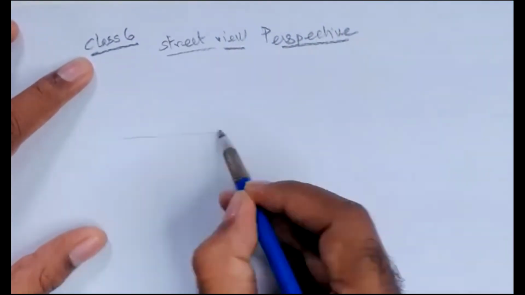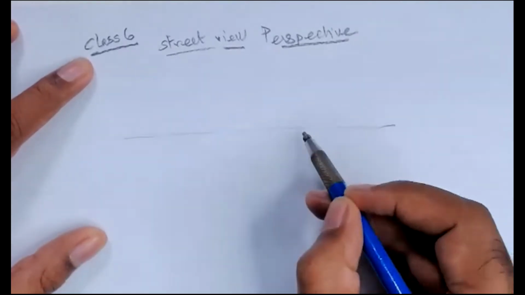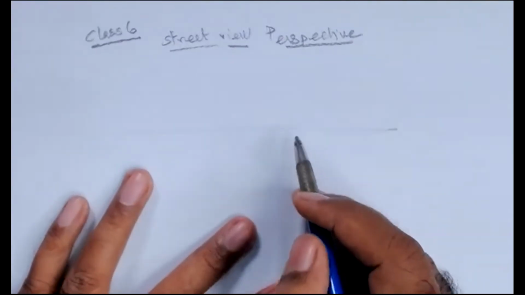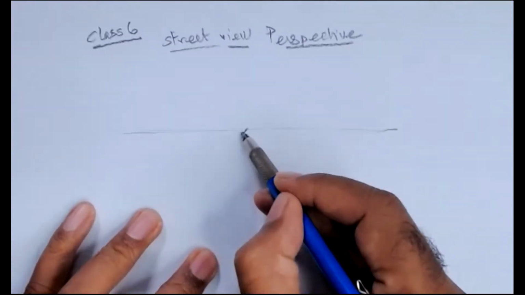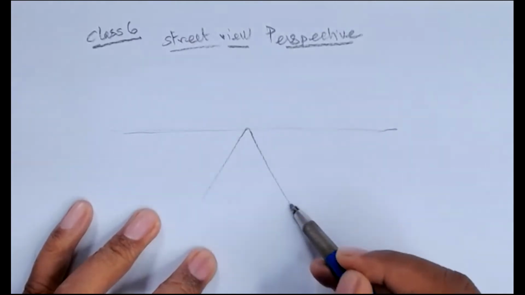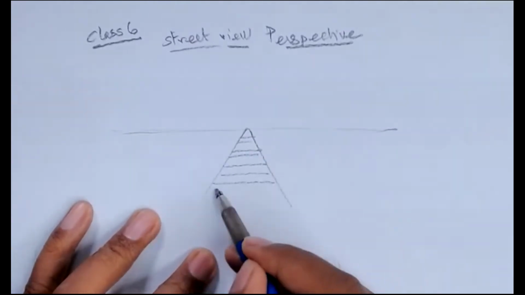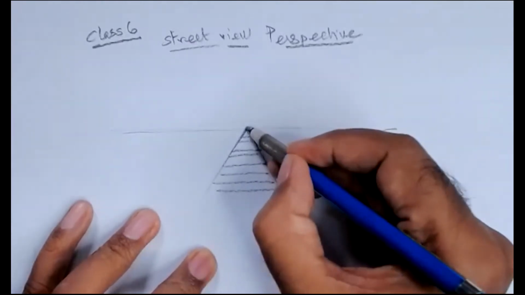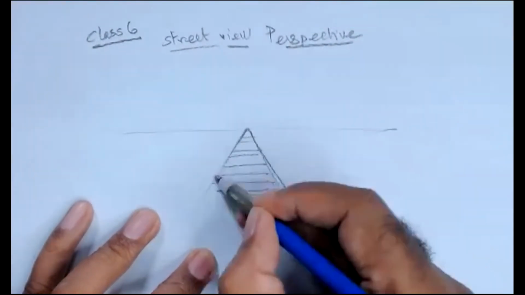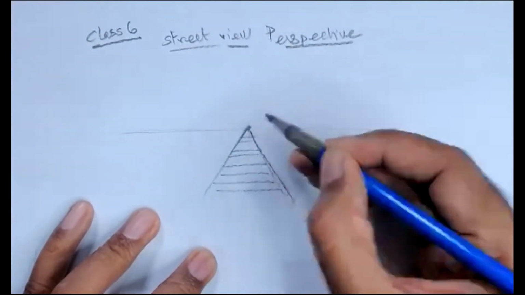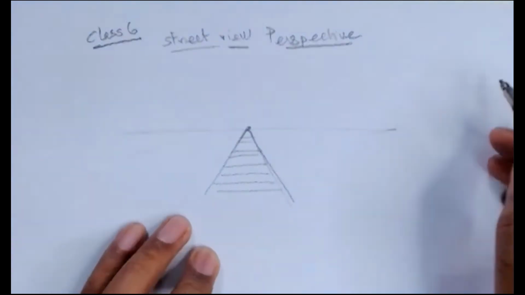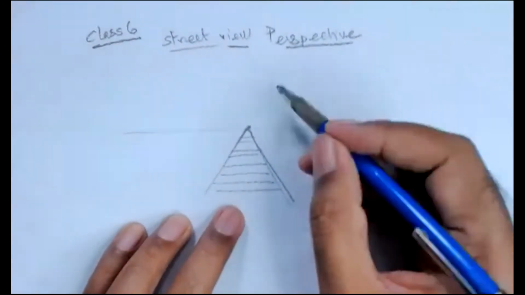You know this idea, like, what is this? I'm just drawing a train track, right? And these two rails appear to join at a point. I say appear because they never join.